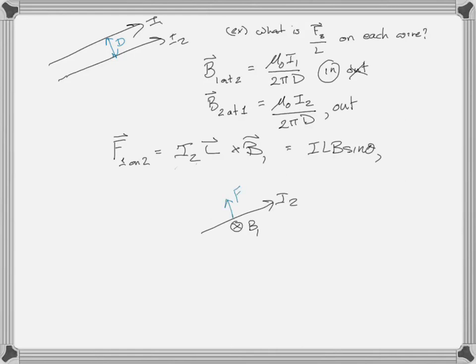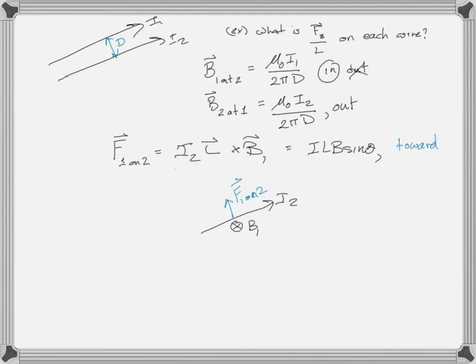So the force of 1 on 2 is in that direction. It's an attractive force. That's what that means, right? That I1 attracts I2 magnetically. So we'll just call that toward, or attractive. It's in the direction shown.